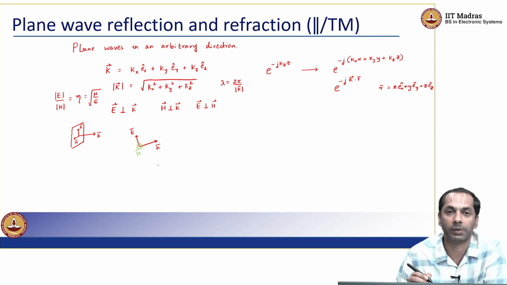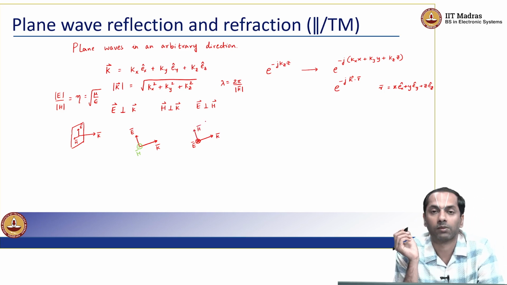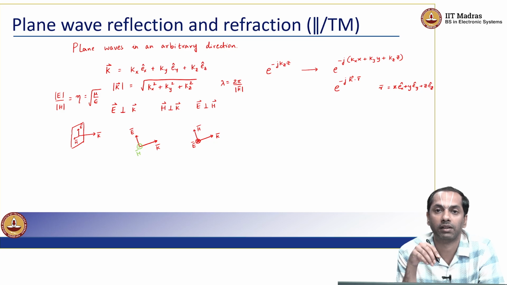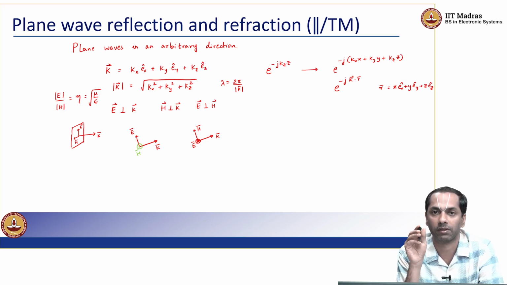So, here is another representation. Now you have the magnetic field in the plane of my writing board, and we also have k, and those are perpendicular, and the electric field now goes into the plane of the paper with a cross.